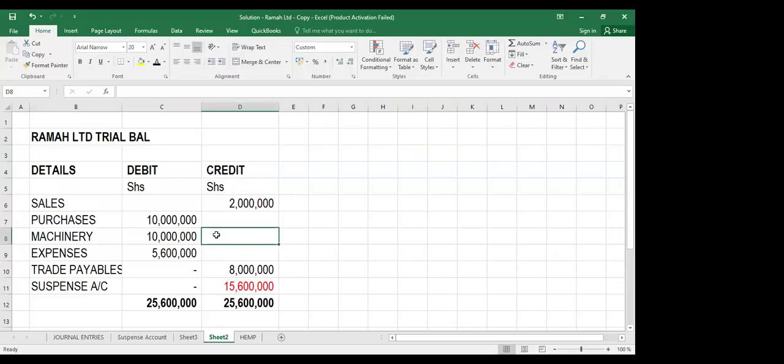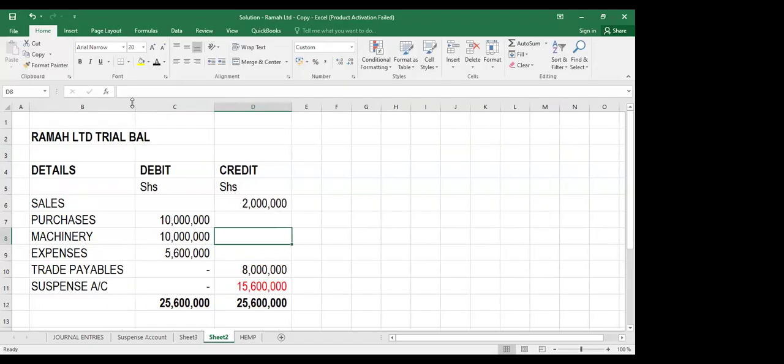So for example, if they made sales of 2 million, purchases of 10 million, machinery 10 million, expenses of 5.6, trade payables of 8 million.